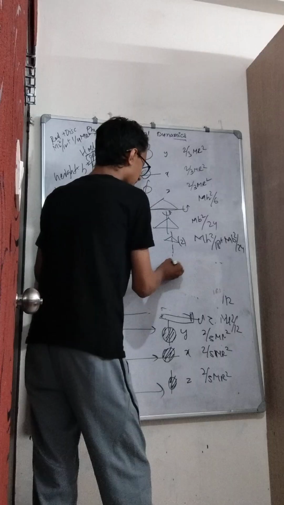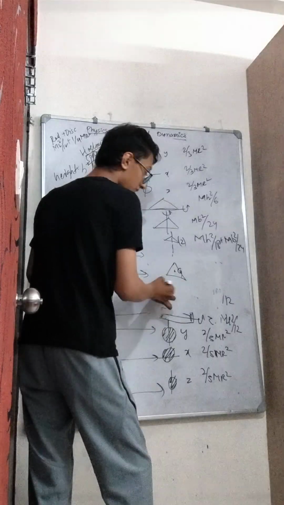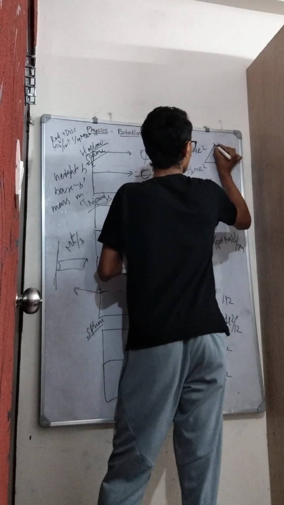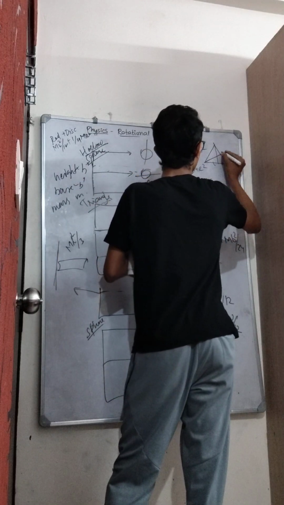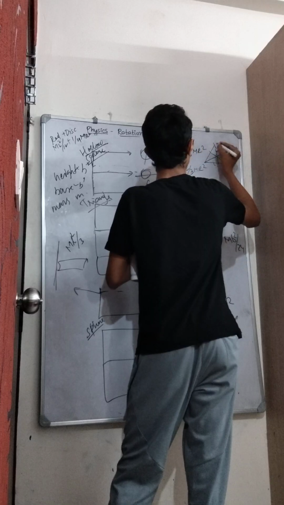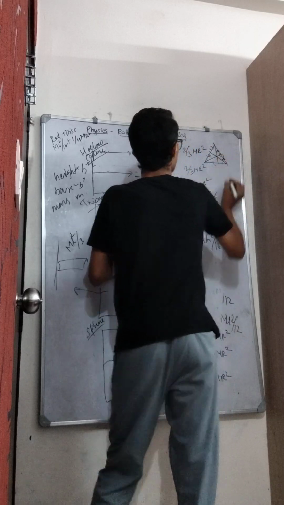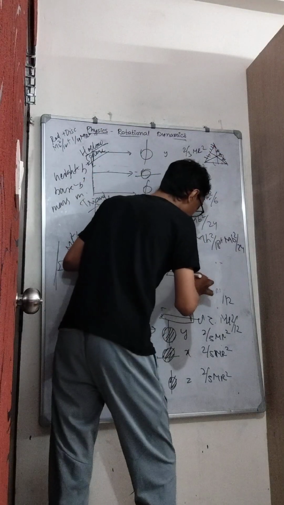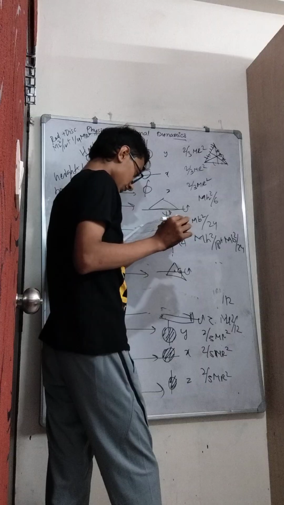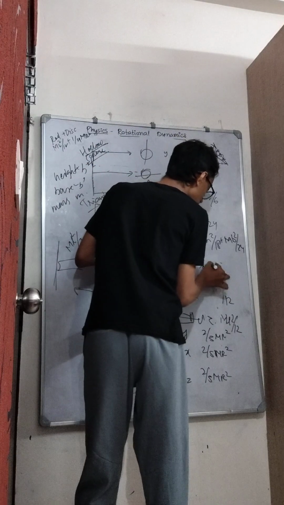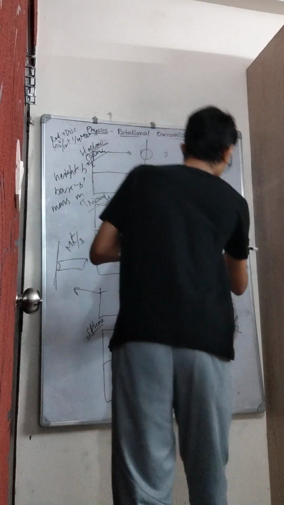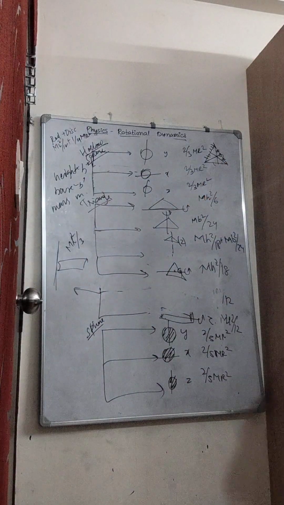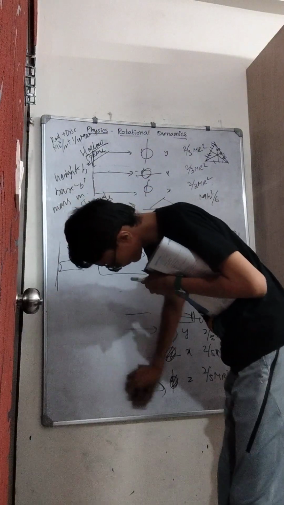Example, this is the centroid G. You know what is a centroid? When all the three medians intersect. One median, one more median, one more median. So this is G centroid. That means one x axis is horizontally passing through this one. That means it will be mh square by 18. Last one is square.